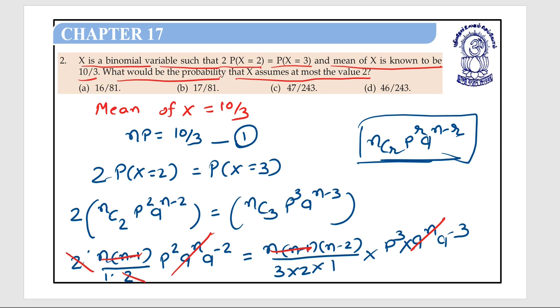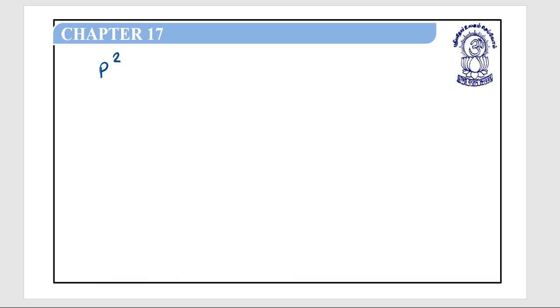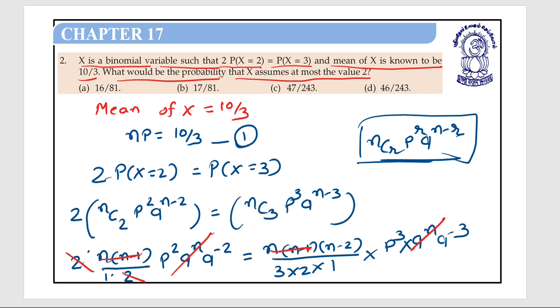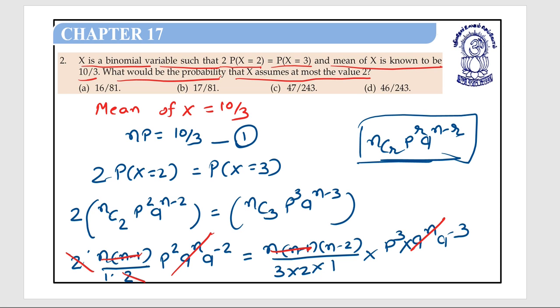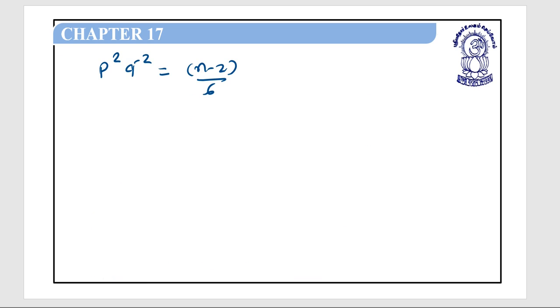P square into q raised to minus 2 is equal to n minus 2 upon 6, p cube into q raised to minus 3.